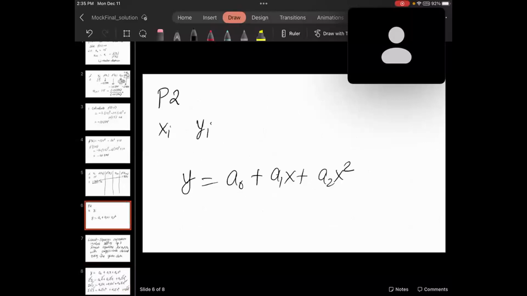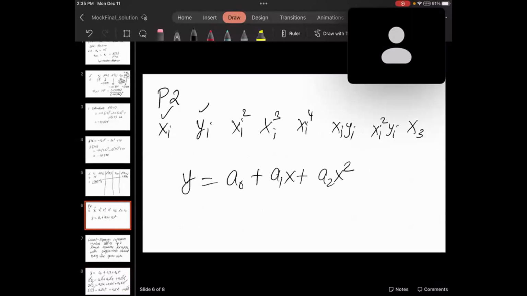Now if you go back here, x and y are given to you. You can always square it, cube it, take it to the fourth power, multiply by y, and multiply the squared by y.